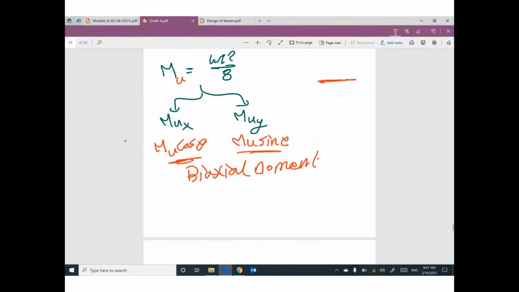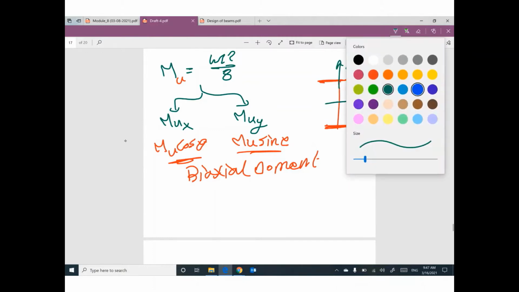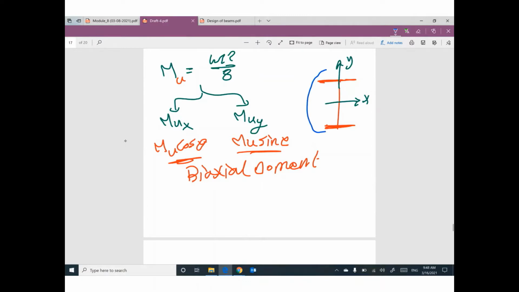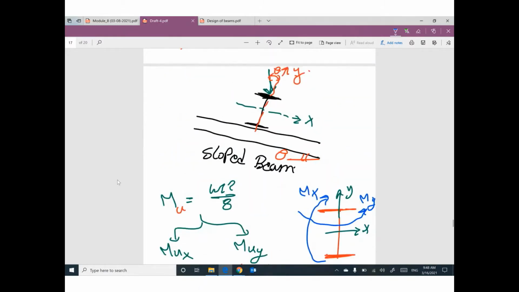The beam, which has two axes, x-axis and y-axis, will be under the effect of two moments, Mx and My. Why does this happen? Because this beam is supported by another beam, and the other beam is inclined, sloped with angle theta.